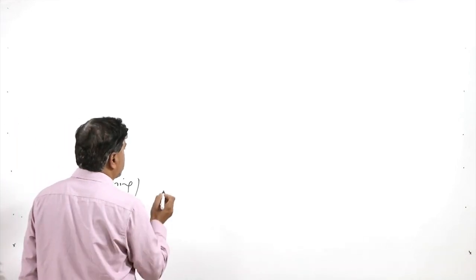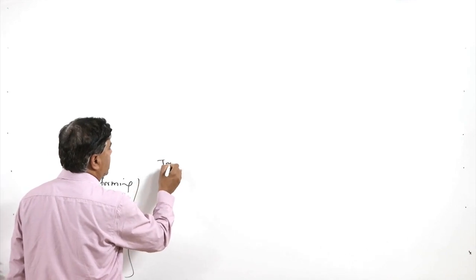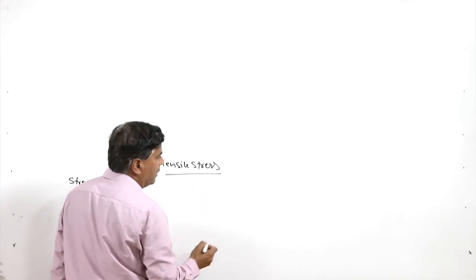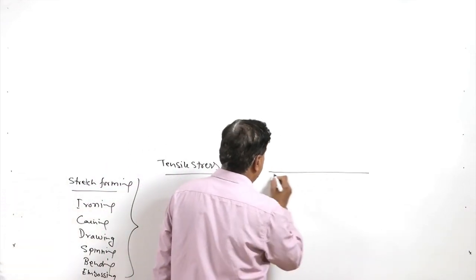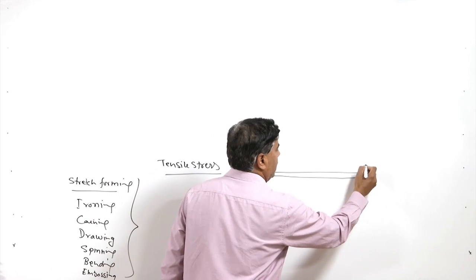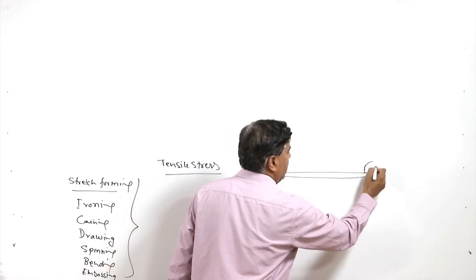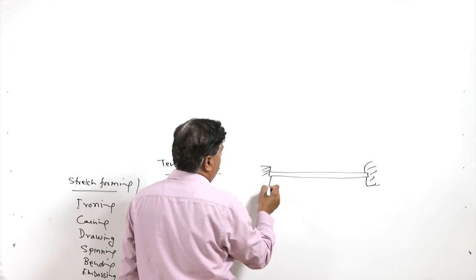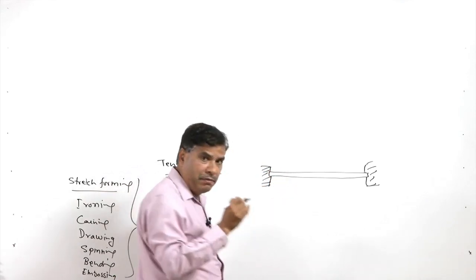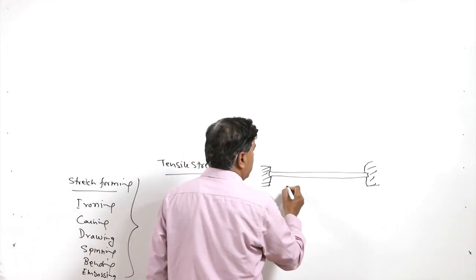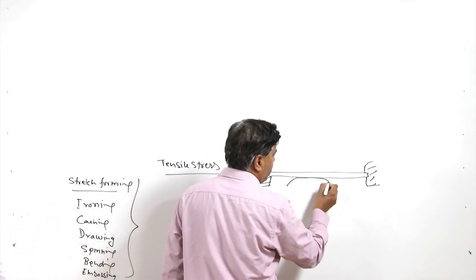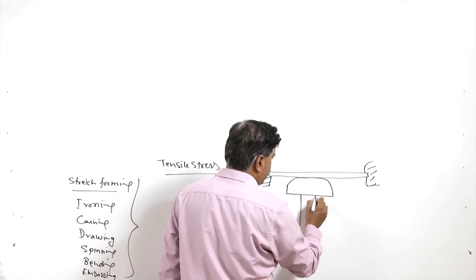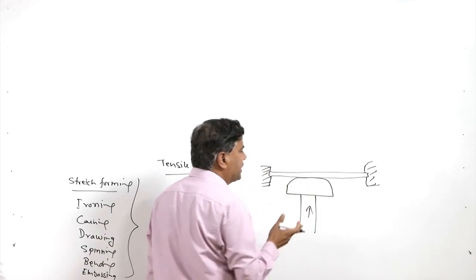So, stretch forming basically involves tensile stresses, wherein a strip like this is taken and held firmly at the ends, and then a suitable form block is used in this way. This is the form block, and it is pushed through the sheet metal.